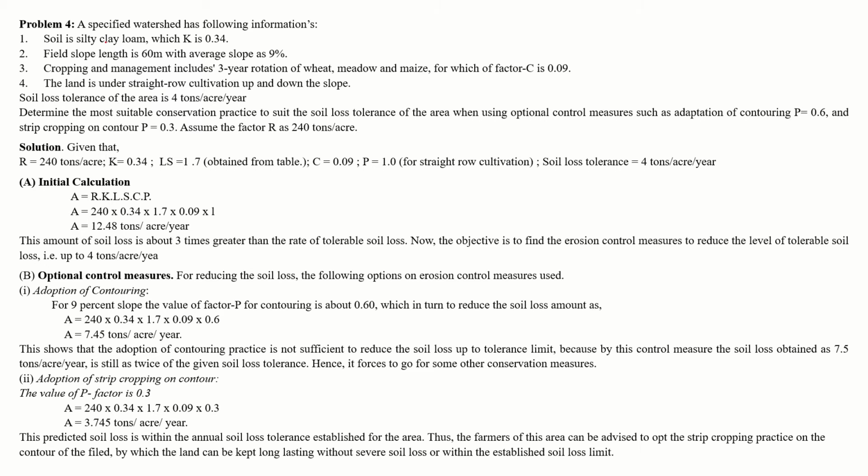The soil K value is given, the field length L is 60 meters and the slope S is 9%. For cropping management, the wheat, meadow, maize value is 0.09, and the land is under straight row cultivation, up and down the slope. The allowable soil loss is given as 4 tons per acre per year.